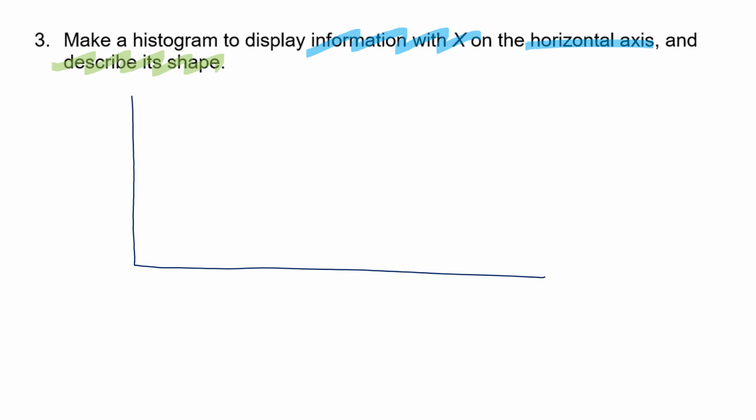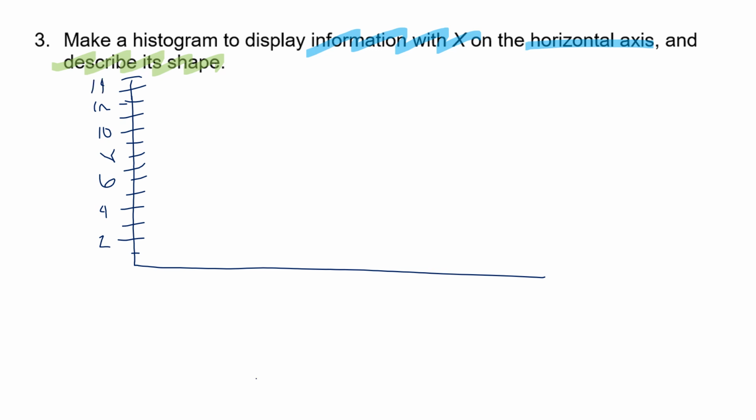All right, so I am not drawing this to scale, so please be aware of that. We'll go 2, 4, 6, 8, 10, 12, 14 along there.